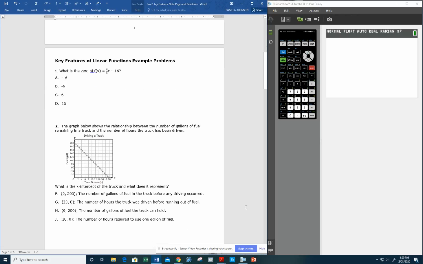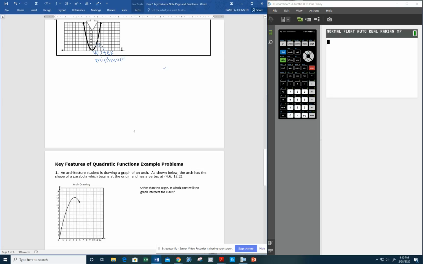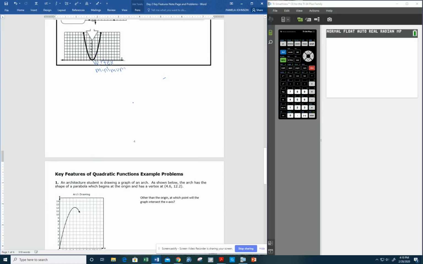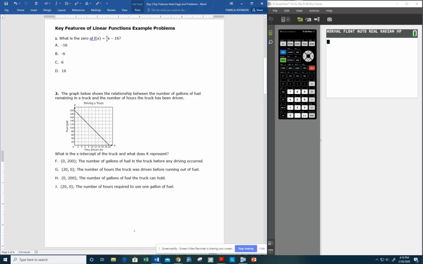If we look at some of the types of problems you might see, number 1, what is the 0 of f of x equals 8/3 x minus 16? This is a problem that we could type into the calculator because it's asking for the 0. It wants to know when our y is 0, what is the x value.